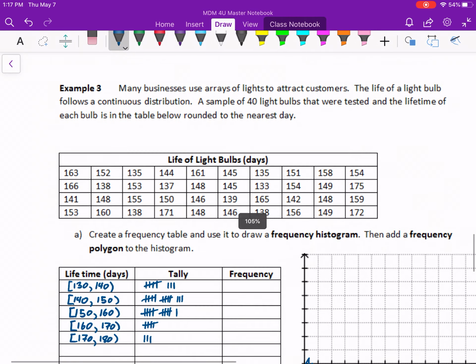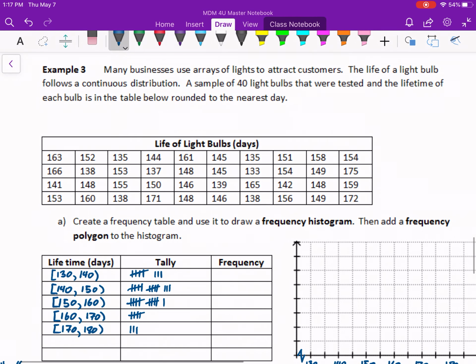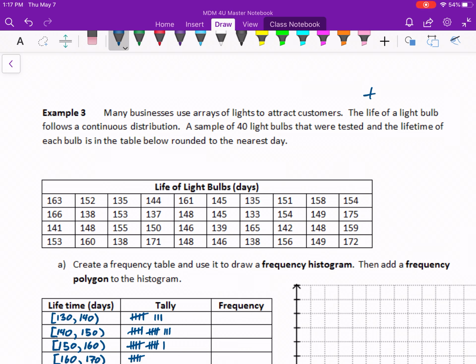Last example, all right? Let me read it first. Many businesses use arrays of lights to attract customers. The life of a light bulb follows a continuous distribution, right? Because the life of a light bulb is a time, and time is continuous.